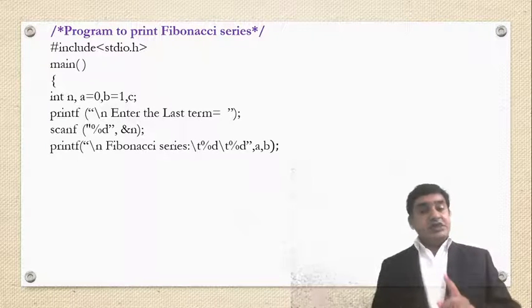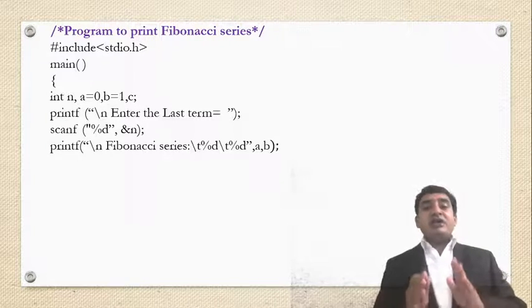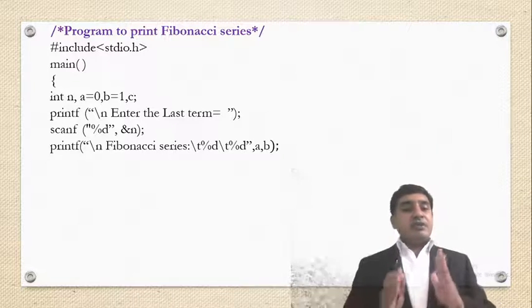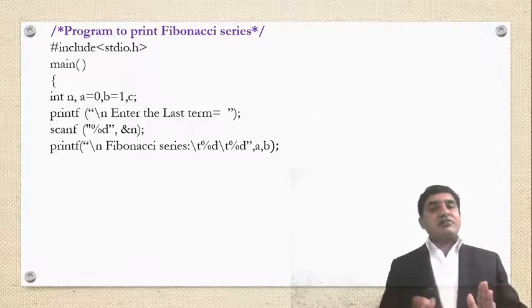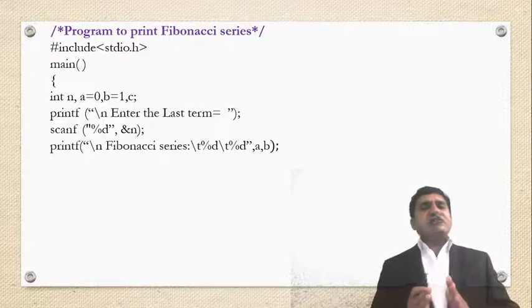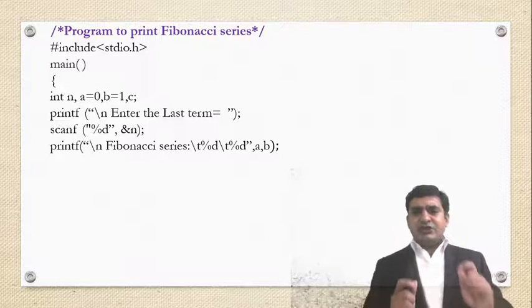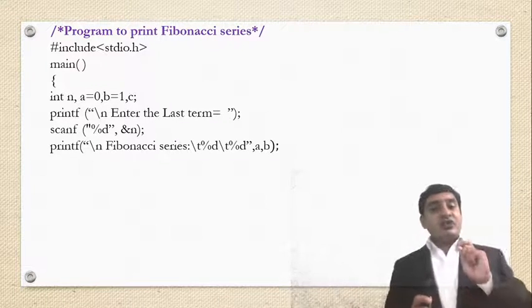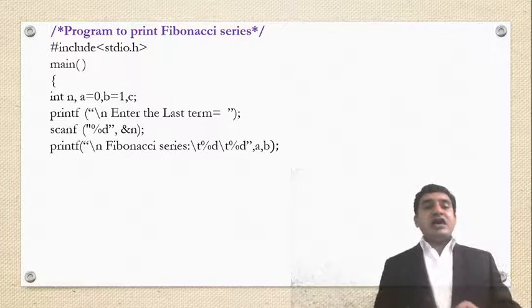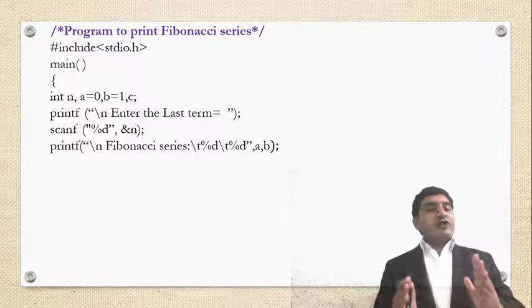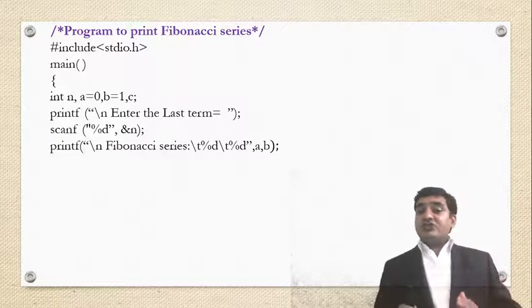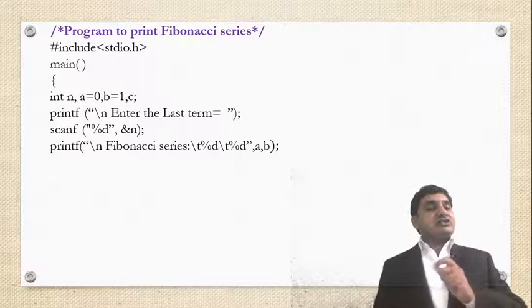Slash t is a horizontal tab between the first term and second term, used for spacing between the two terms. So a and b, the two terms of the Fibonacci series, are displayed on the screen.